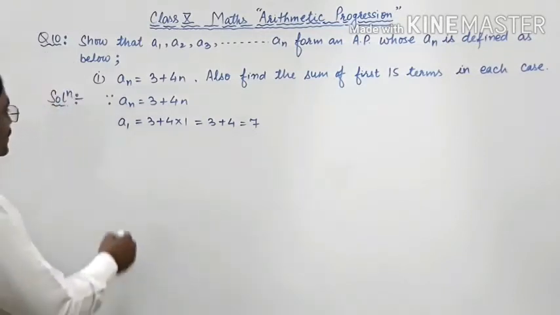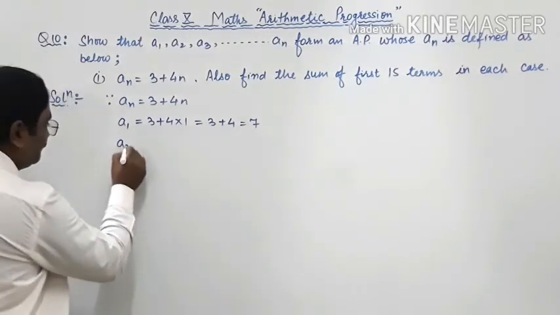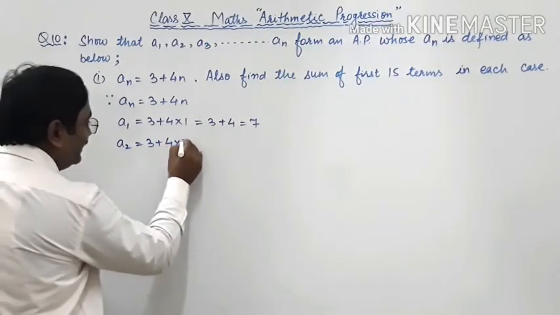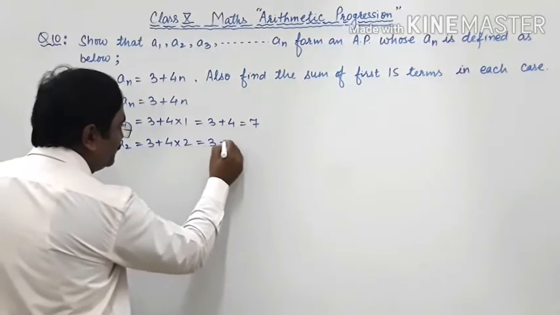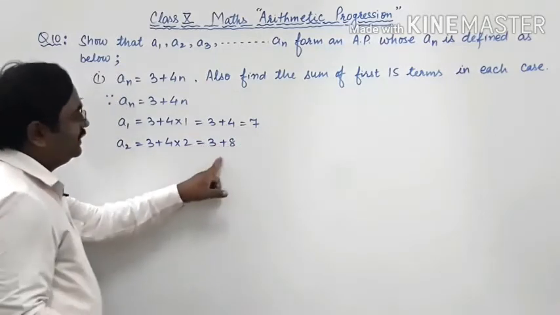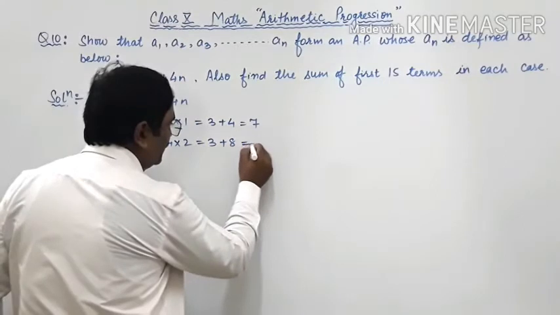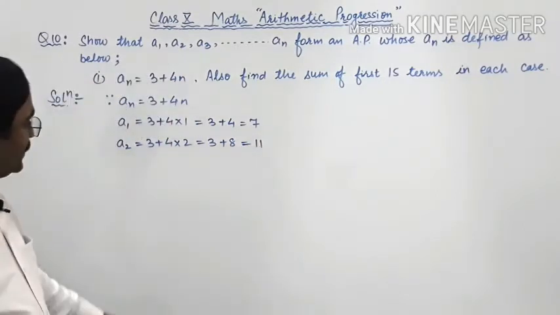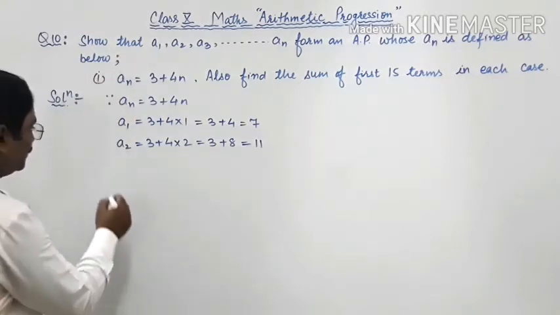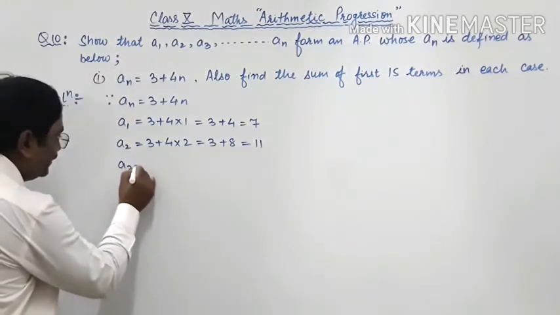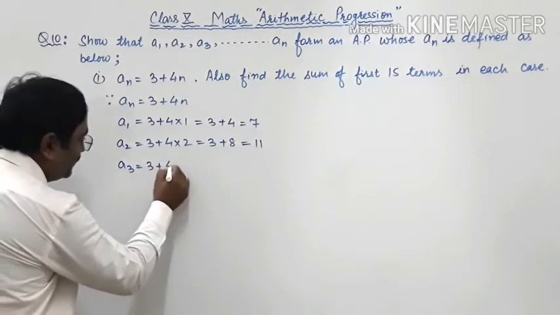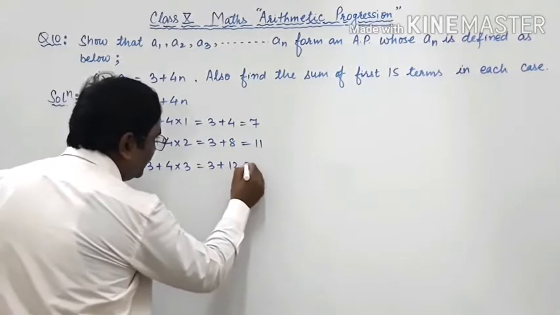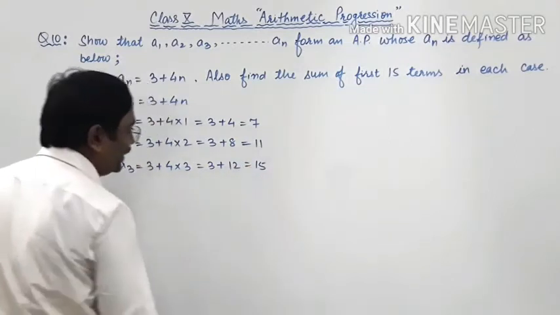Now find the second term A2: 3 plus 4 multiplied by 2, that is 3 plus 8, which is 11. Similarly, the third term A3 is 3 plus 4 multiplied by 3, which is 3 plus 12, giving you 15.